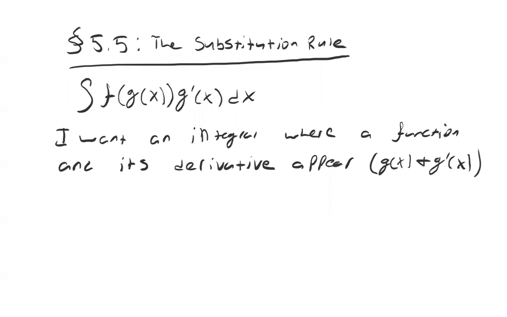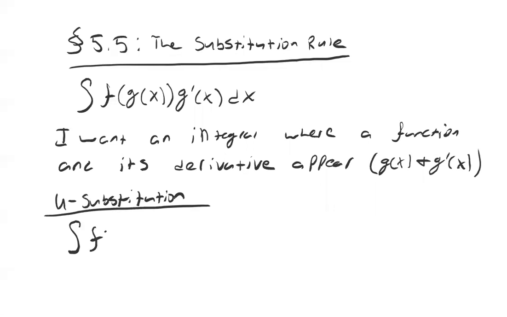What I can do with this kind of integral is what's called a U substitution. The reason it's called U substitution is because we always use the letter U to change variables. So let's do it generally first, and we'll see some examples.